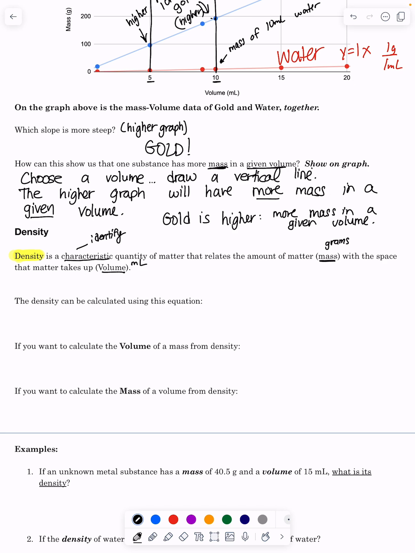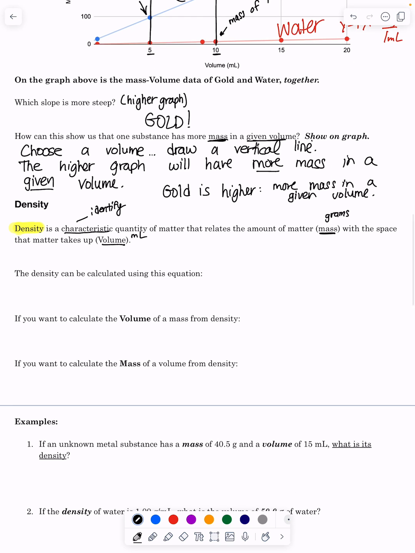For us, that's milliliters. The density can be calculated using the equation density is equal to mass divided by volume. So that's grams divided by the milliliters is going to give me density, D.